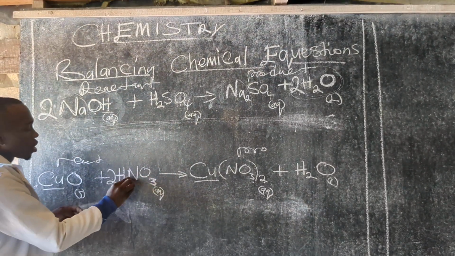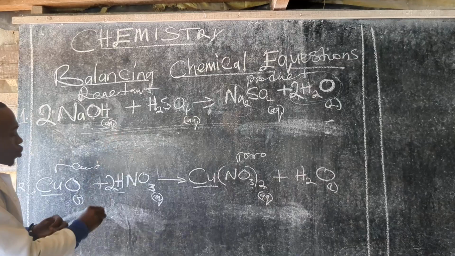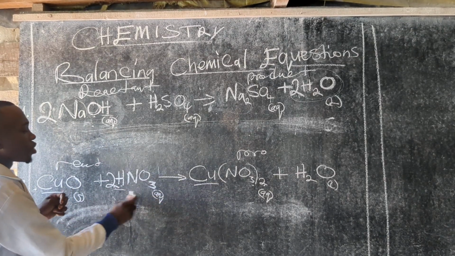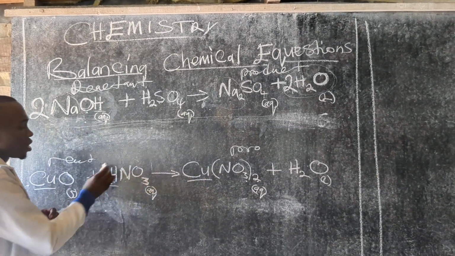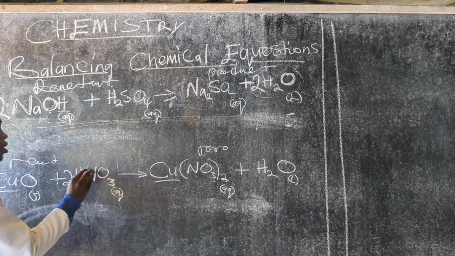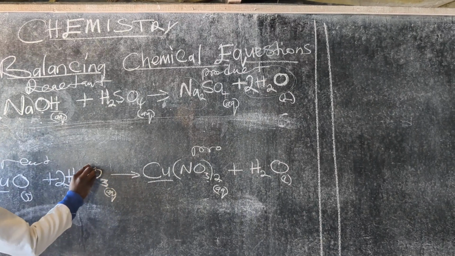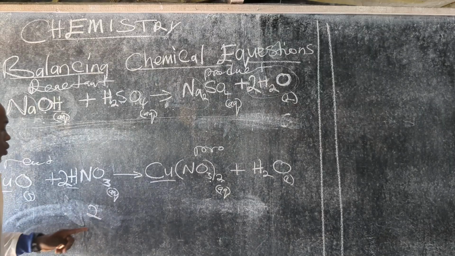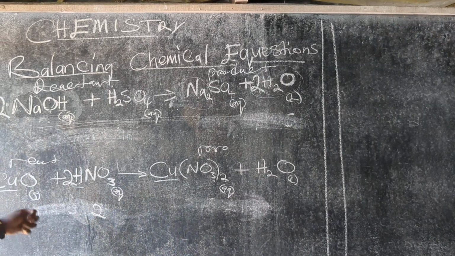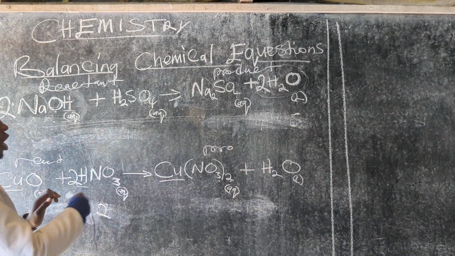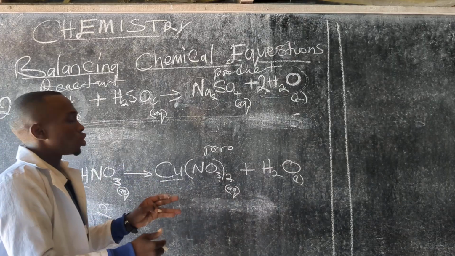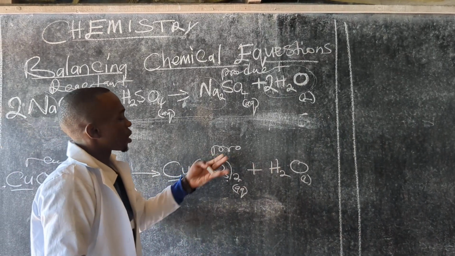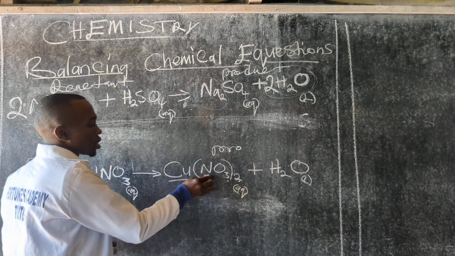So we are having nitrogen. Mind you, these 2 have affected everything here. So which means this nitrogen is 2. We are having 2 atoms of nitrogen on the reactant side. Let us compare it to the number of nitrogen on the product side. So nitrogen is here.